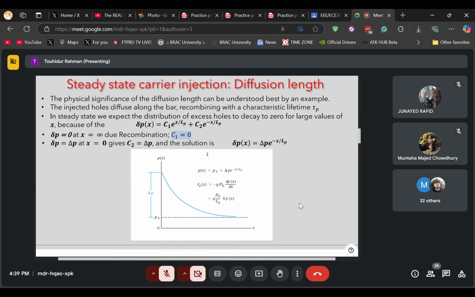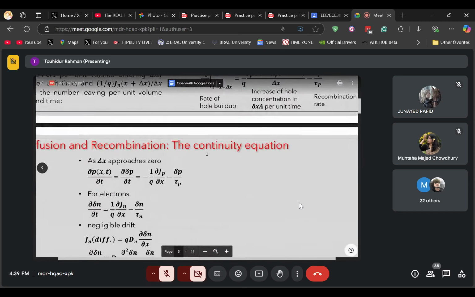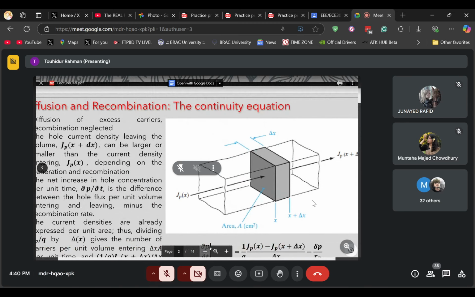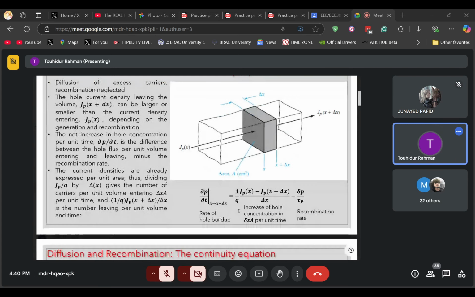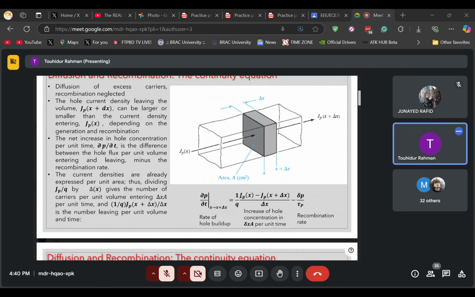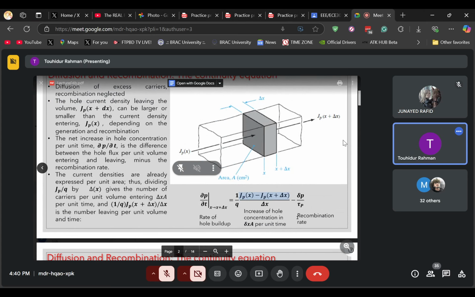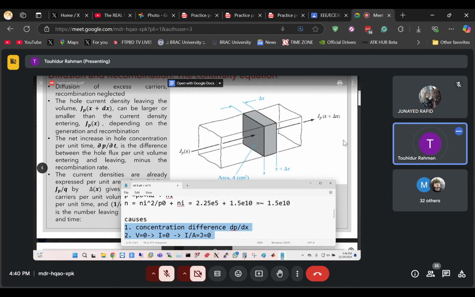Again, remember what was our starting point? Our starting point was this experiment where we considered the difference of input current and output current, and we also considered the recombination. If I want to write those steps one more time, here it is.